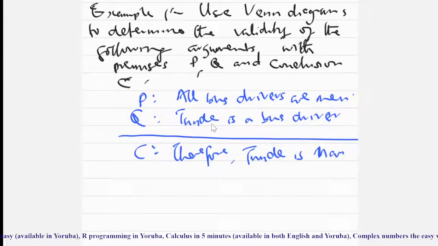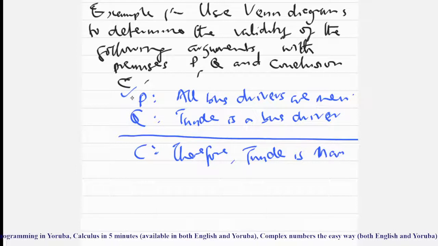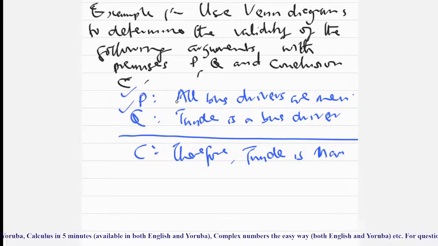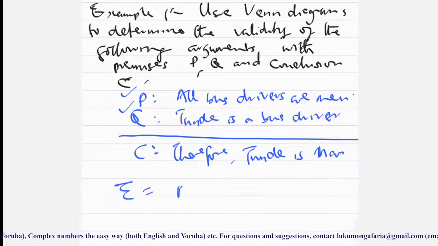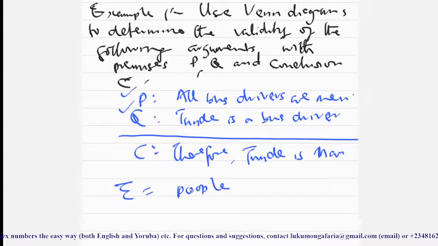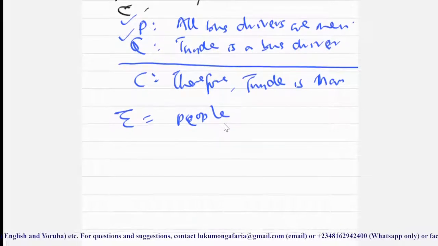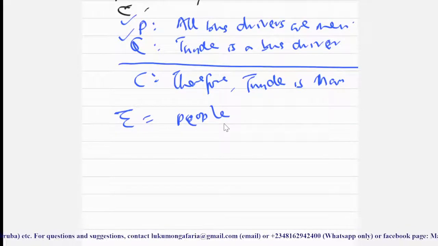Your premises are both P and Q. These are your premises, and your conclusion is what came after this line. So my universal set is people. Don't forget that is the set that contains all the possible sets under consideration. So let my universal set be people.